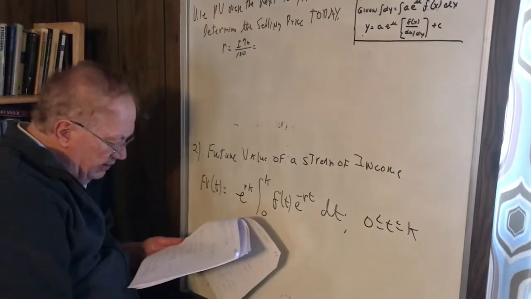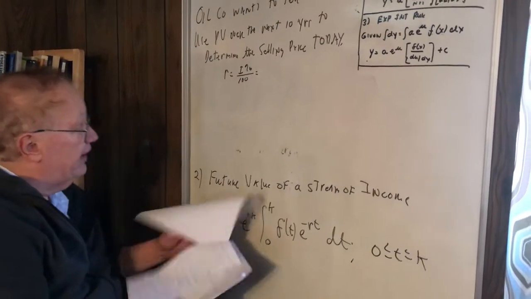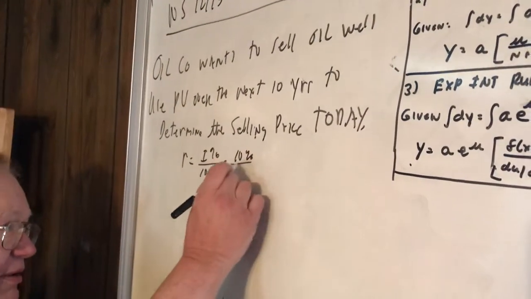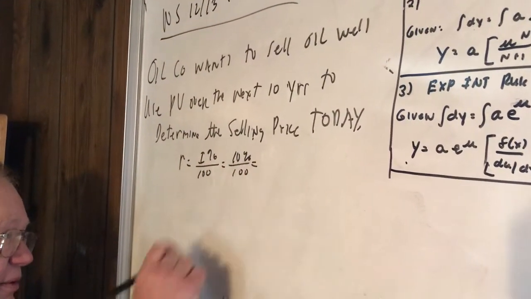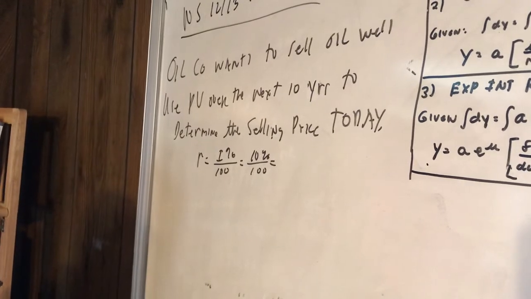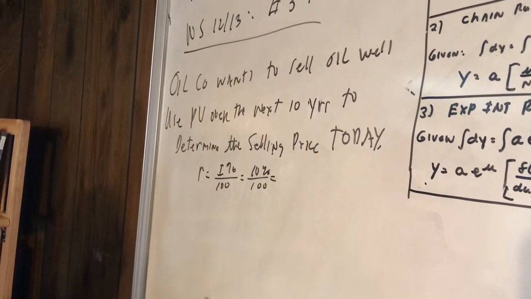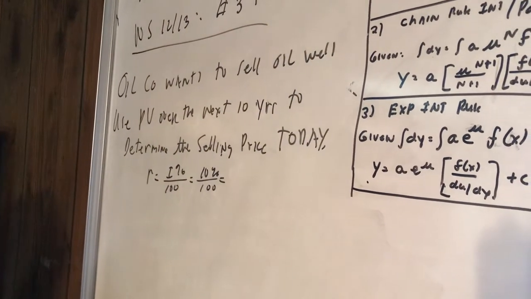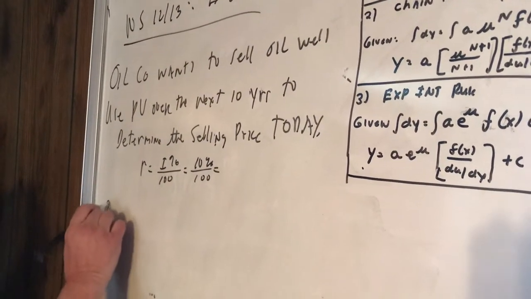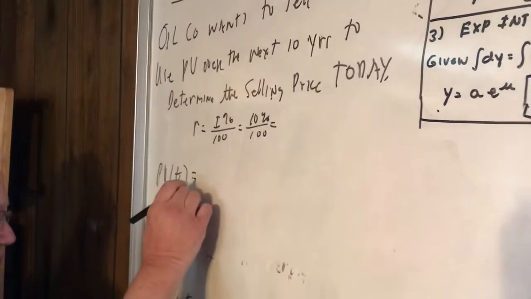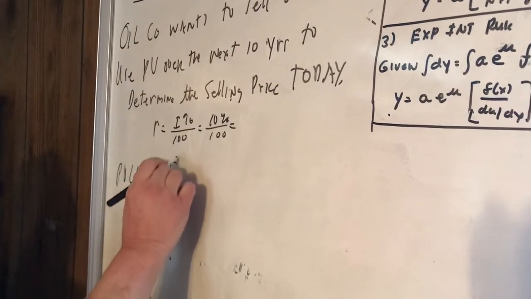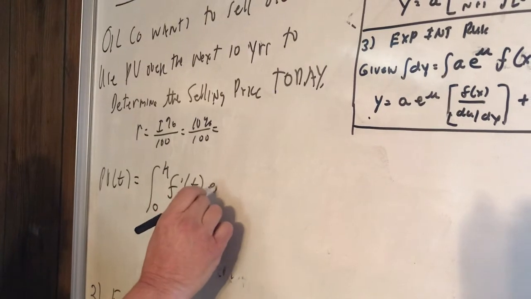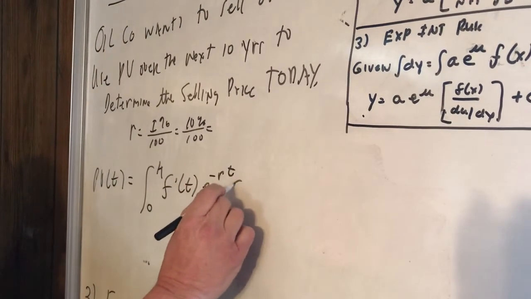The interest rate R is 10%, so it's 10 over 100. R is that, and we're going to use the present value equation that I gave you before: the integral from 0 to k of f prime t times e to the minus rt dt.